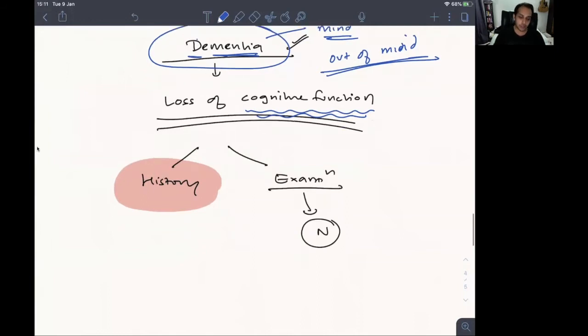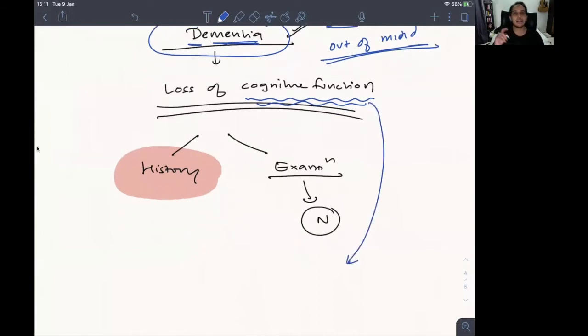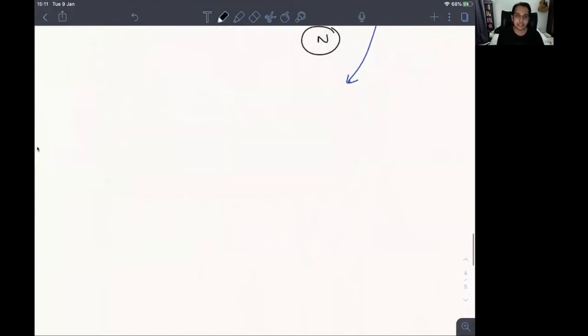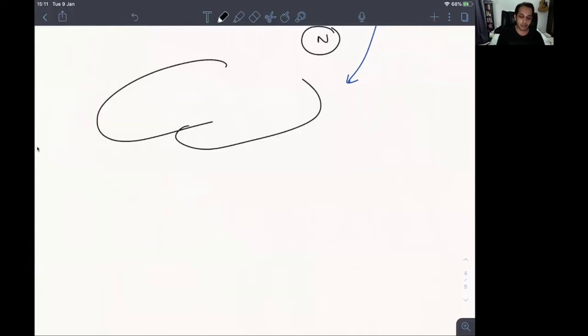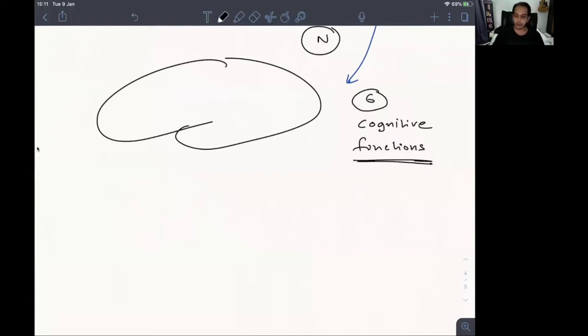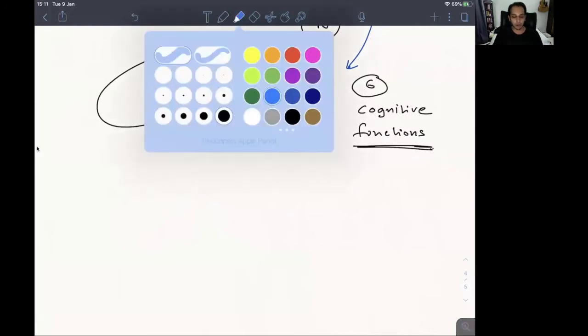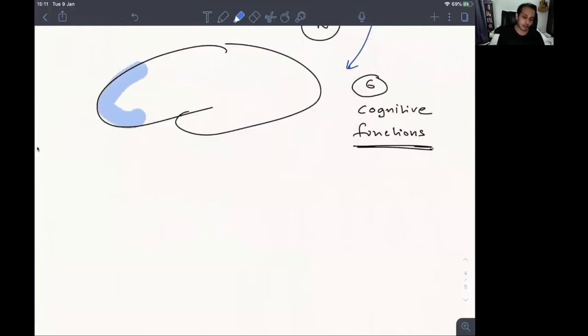Now, before we get to the history part, we need to know what the cognitive functions are. I'm taking this separately because we have never covered this till now. In your brain, there are certain functions that the thinking brain is supposed to do. These are the cognitive functions, and there are a total of 6. The way I look at it is I go about it anatomically, from the front and then backwards.